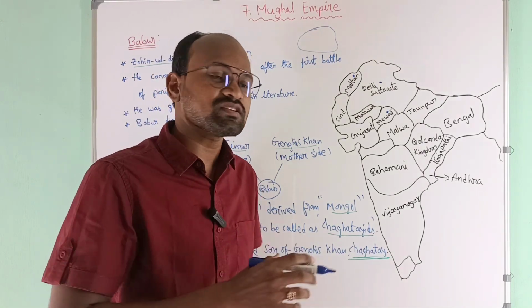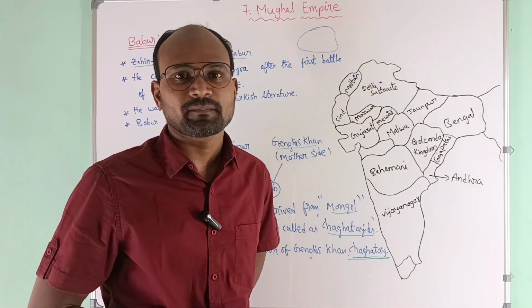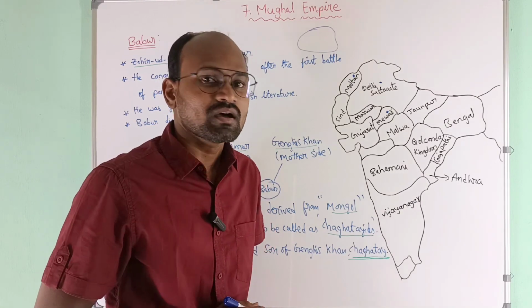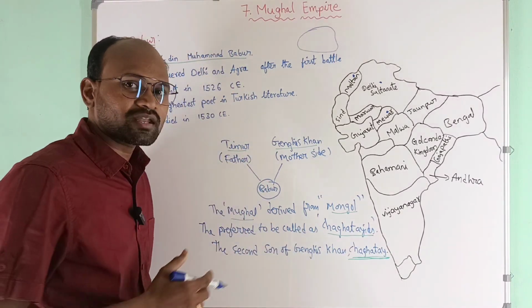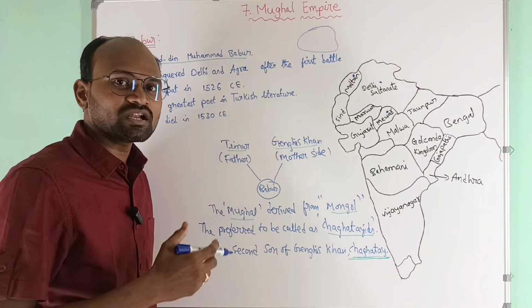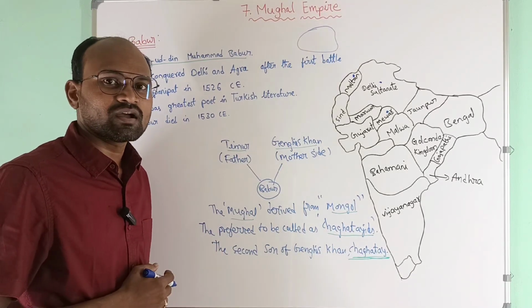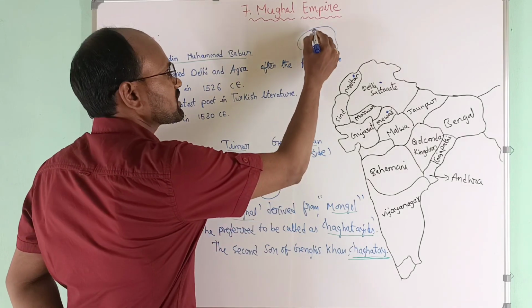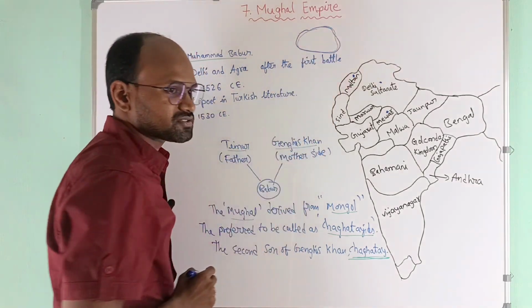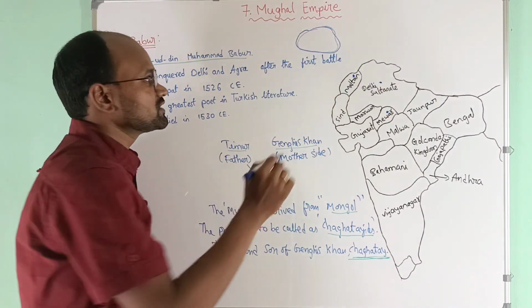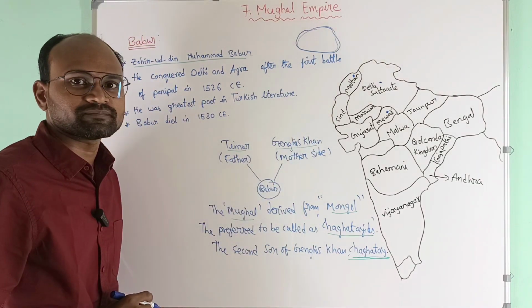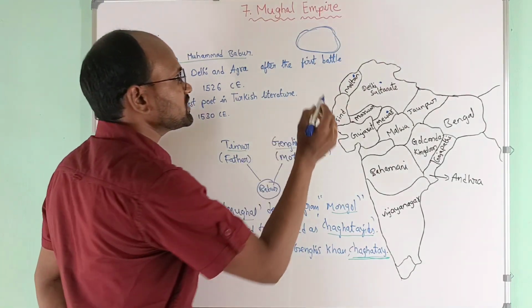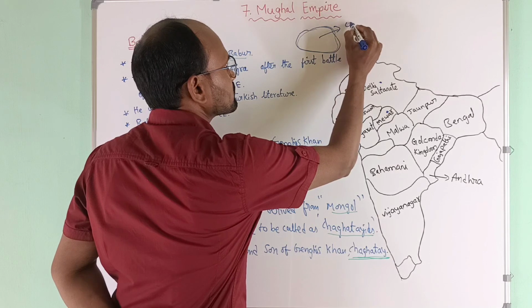And there is another reason for Babur to invade northern India. What is that reason? Babur was ambitious to build a new empire in Central Asia. But it was very difficult for him to form a new empire there. As we know, he was born in Uzbekistan, and he was fighting with the Uzbek tribes.